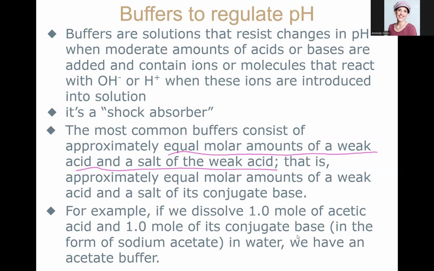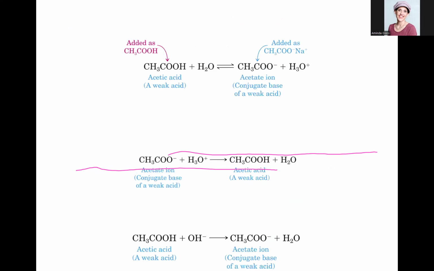If we dissolve, this is just an example, 1 mole of acetic acid and 1 mole of sodium acetate, which is its conjugate base, the salt of its base, in water, you're going to have an acetate buffer because it's equal molar amounts of weak acid and a salt of its conjugate base. These are the common ones. So here's what it looks like.